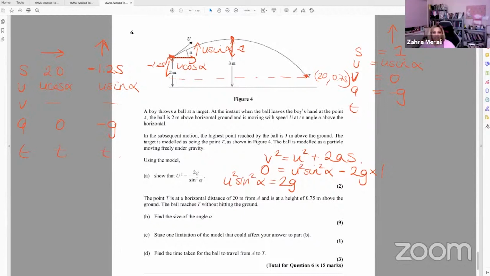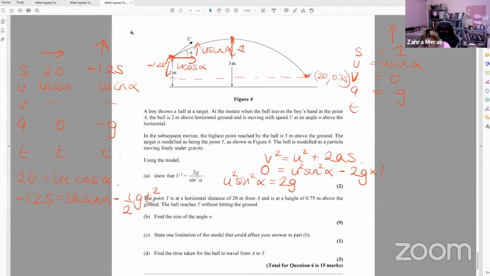Like everything else, S equals UT plus a half AT squared. So 20 equals UT cos alpha, and minus 1.25 equals UT sine alpha minus a half GT squared.